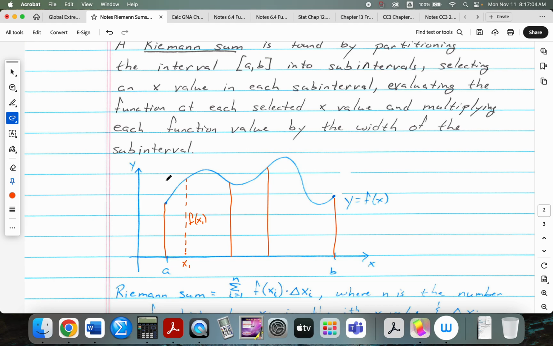And since we're multiplying this height times this width, we're actually finding the area of this rectangle. And you notice that there's a little bit of the curve that's above the rectangle and a little bit that's below, but they're similar in size. Well, what if I picked the lowest point?